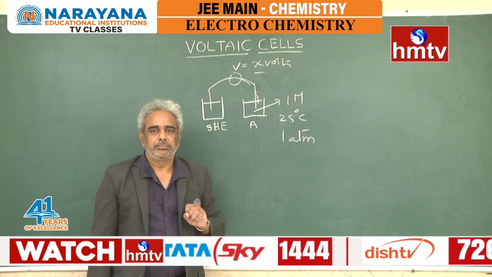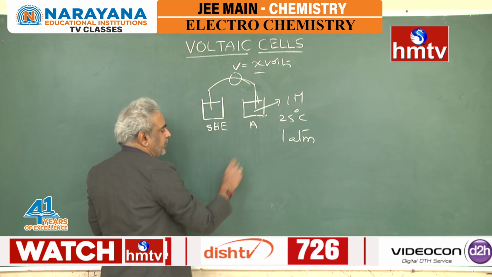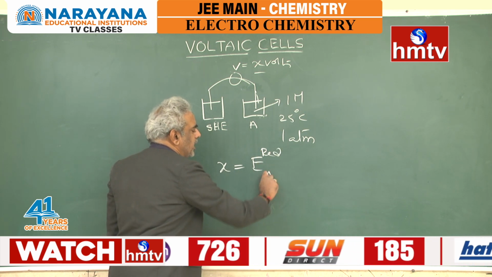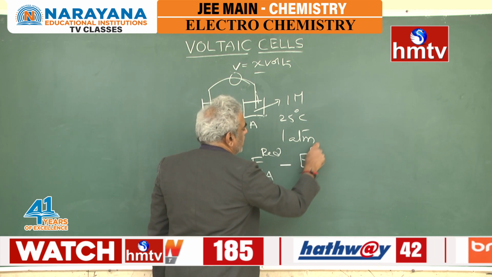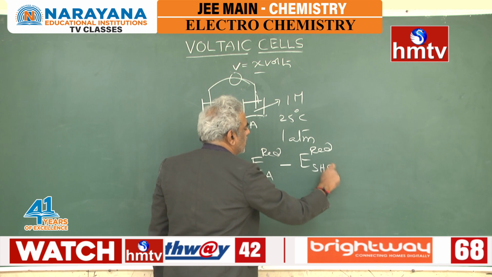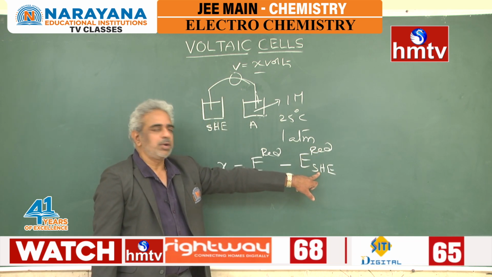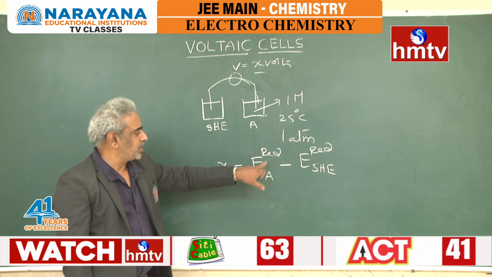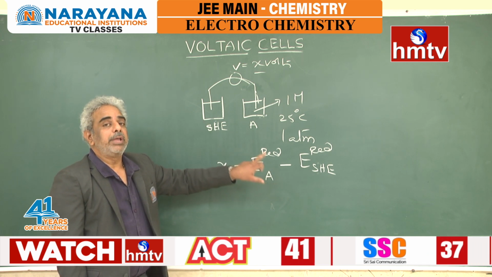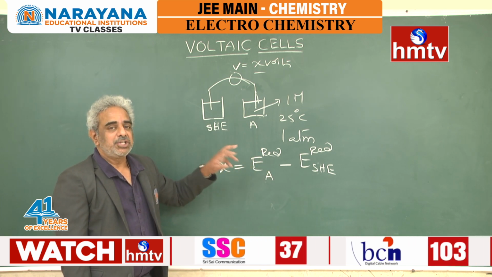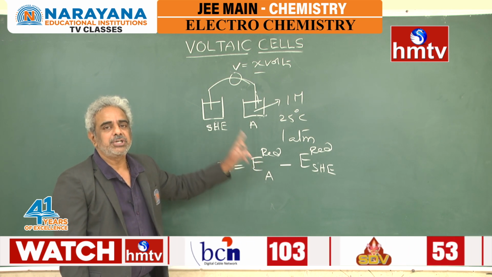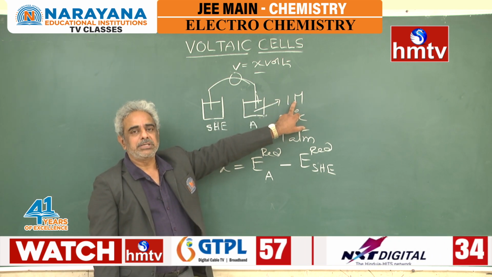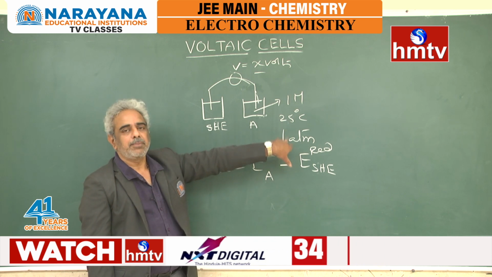the electrode A, because this X is potential difference. So, X is equal to reduction potential of A minus reduction potential of standard hydrogen electrode. The reduction potential of standard hydrogen electrode being 0, thus X is called the reduction potential of A, and we can also call this as standard reduction potential of A, because you have maintained 1 m concentration, 25 degrees C, 1 atmosphere pressure.